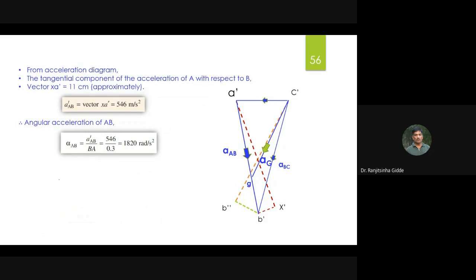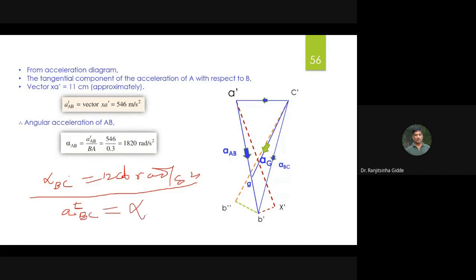Now, at the start, alpha BC is given, it is 1200 radian per second square. Accordingly, we have calculated this ATBC is equal to alpha BC into BC.